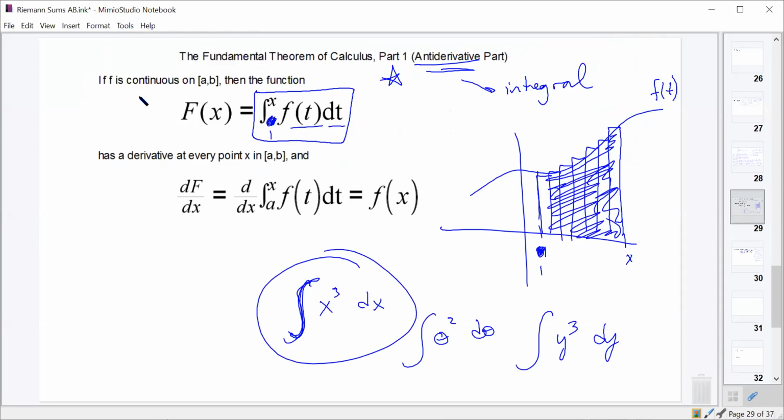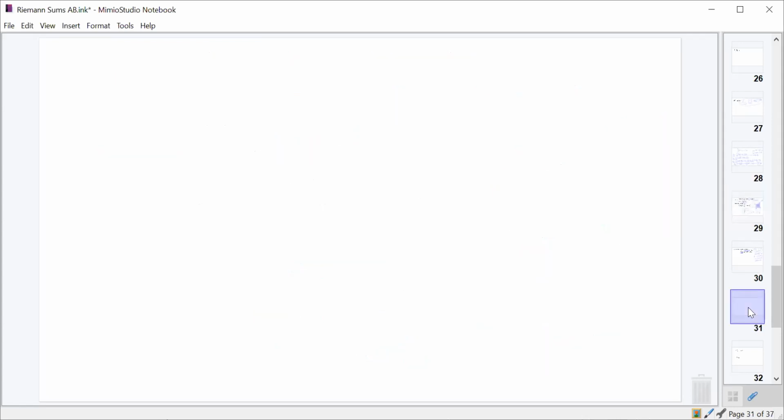It'd be cool if my eraser was here. All right, I don't have an eraser, so I'll do it on this page instead. Okay.